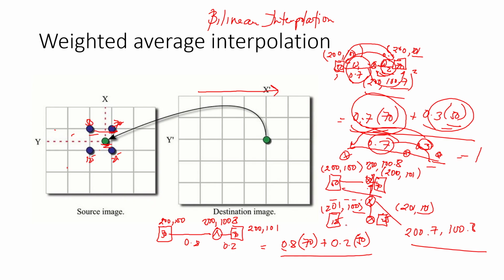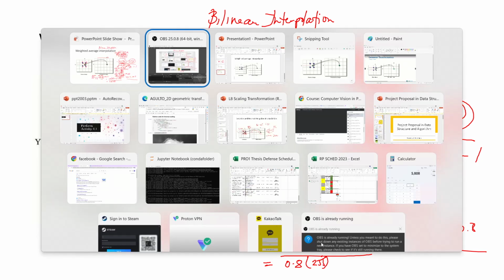Okay? Then we will also do it on the other interpolated point in between. So on this horizontal part, logically, what we do is on the lower part. So on this side, what will be the equated formula? How much is our weight on the left side? Still 0.8, multiplied by our right intensity, which is 255. Okay, let me just check if this is still recording.